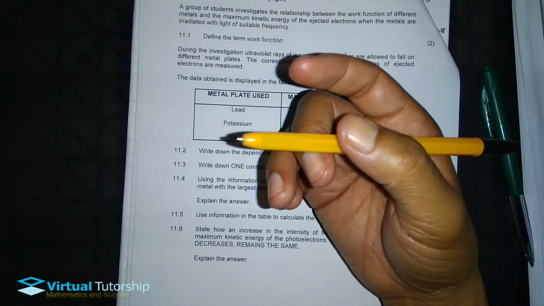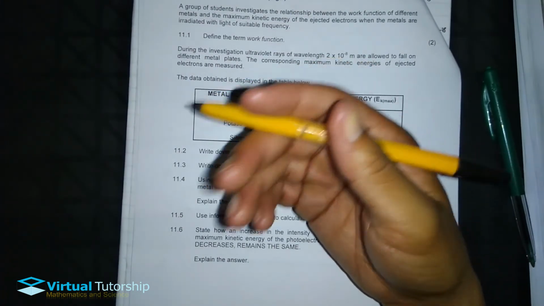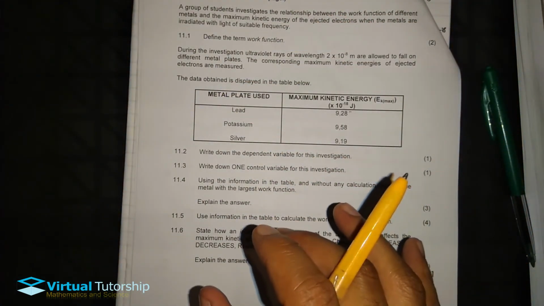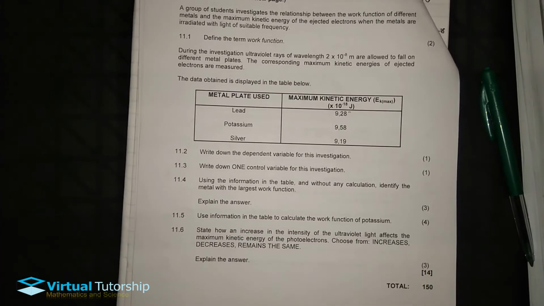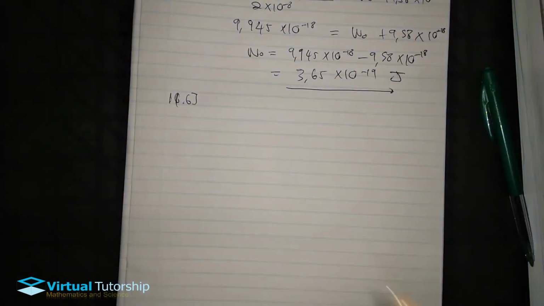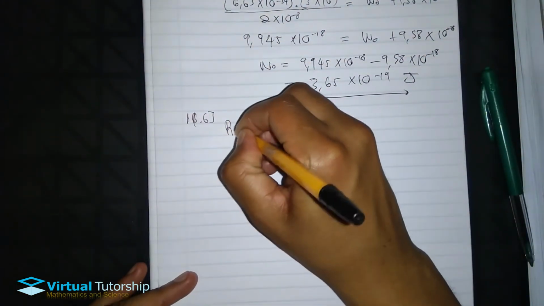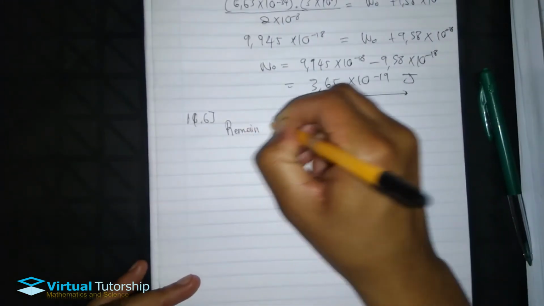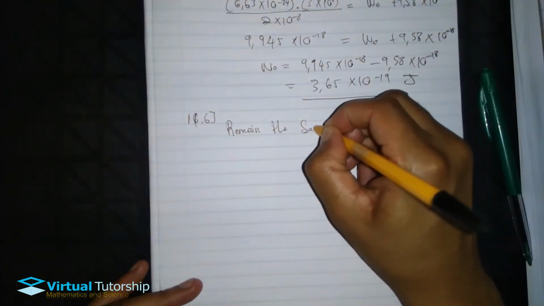Why is that so? The only thing that increases is the number of photons from the light source per unit time. The frequency remains the same, as well as the wavelength, so the speed doesn't change and the kinetic energy doesn't change. So our answer will remain the same.